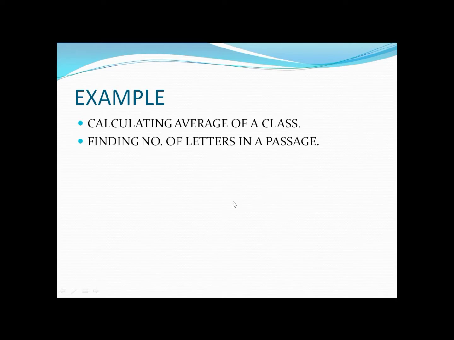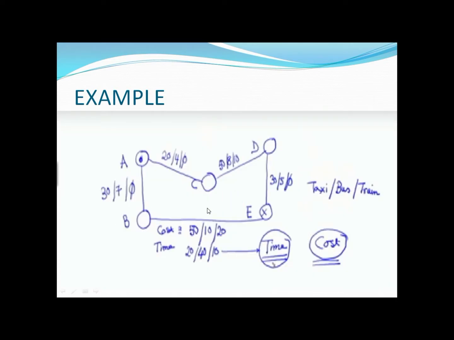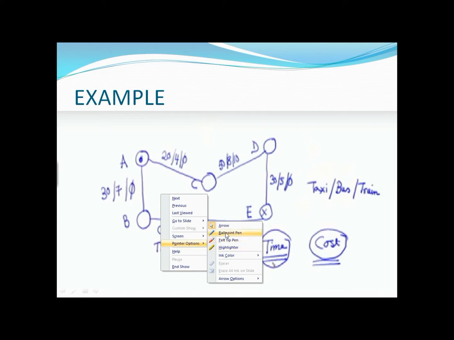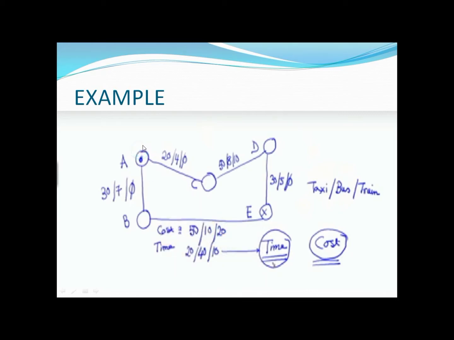There was another example that was discussed. Let me make it a little bit more clear. Say A, B, C, D and E are all particular cities in a particular state.